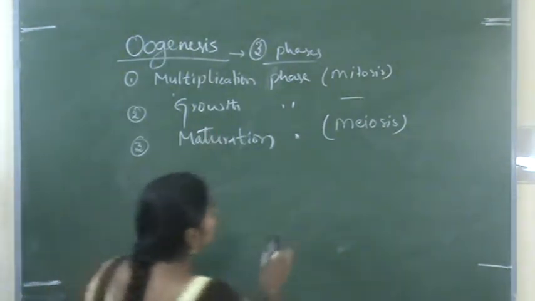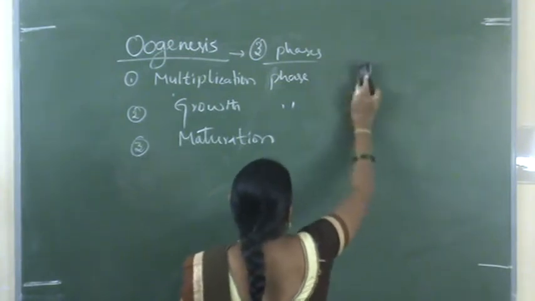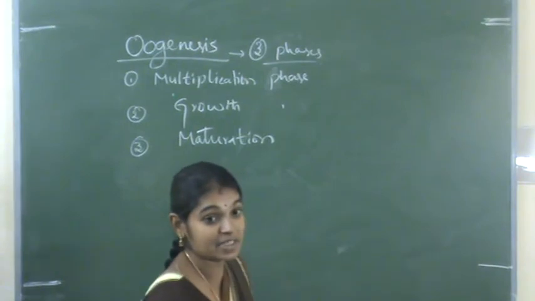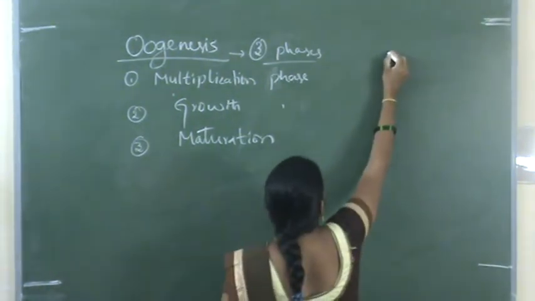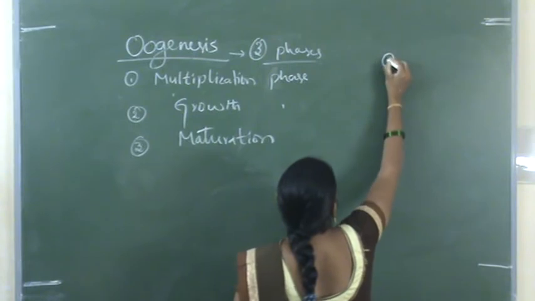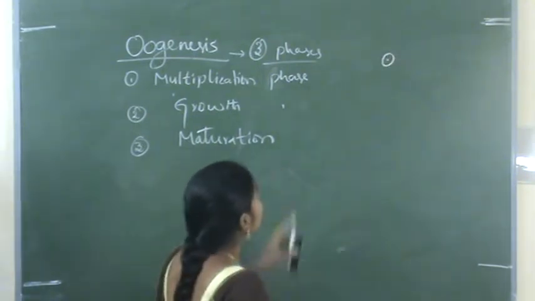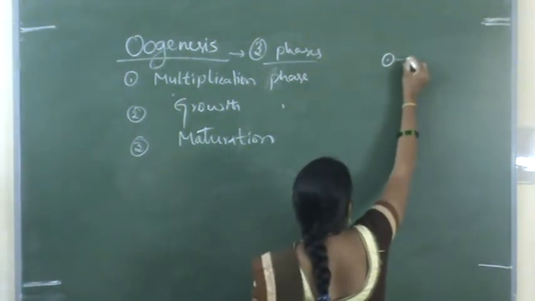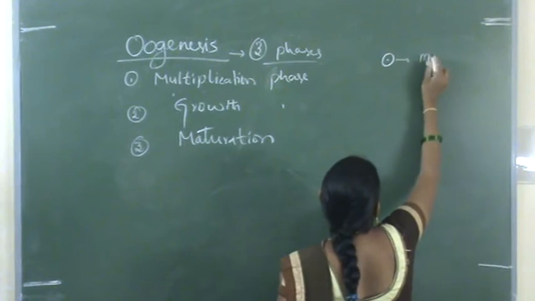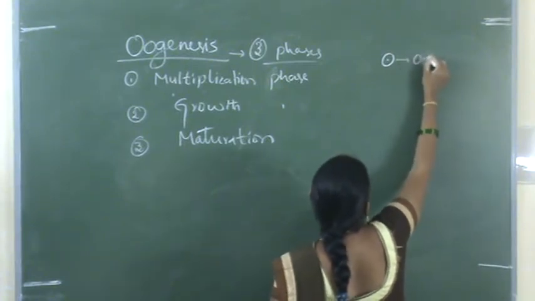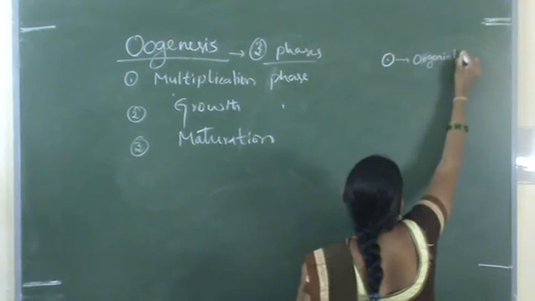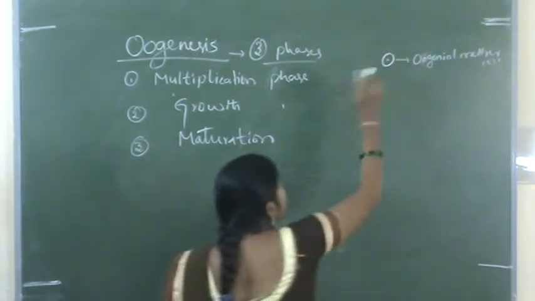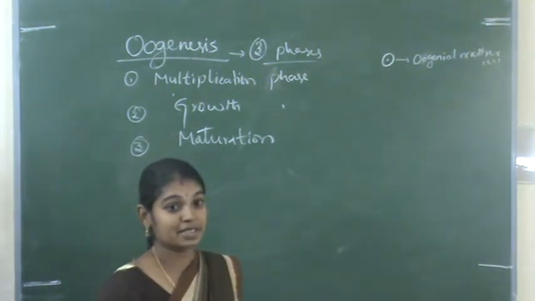So we will see how the phases take place here. First, I will take only a single cell, a single primary follicle cell. This is the germinal mother cell, the oogonial mother cell.